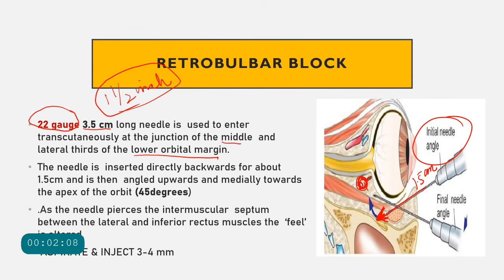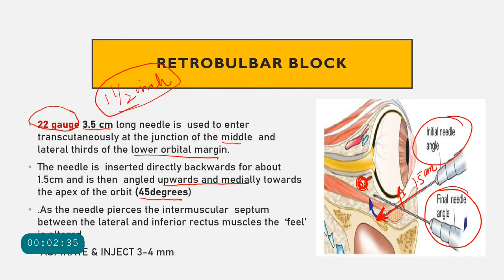After you have entered 1.5 centimeters, you turn the direction of the needle, as can be seen over here, upwards and medially towards the apex of the orbit, so that now you will enter the orbital cone, the intraconal area. So it is about 45 degrees medially and 45 degrees upwards. So the direction of the needle will change.